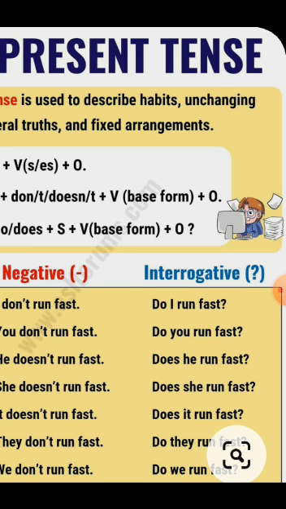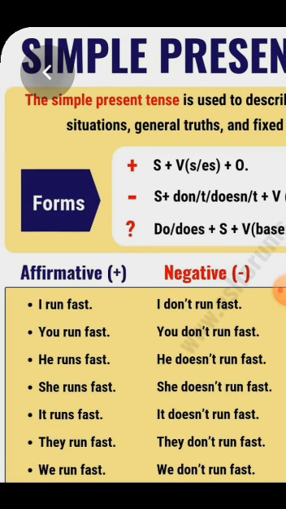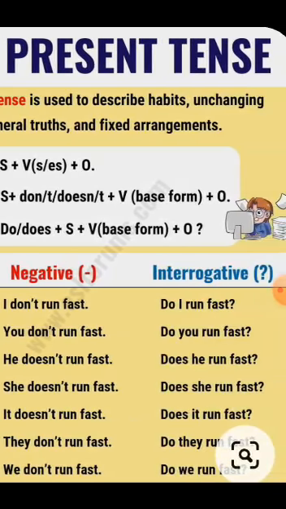Suppose I run fast, I don't run fast. Do I run fast? So WH questions can be where do I run, why do I run, when do I run. These are the WH family.